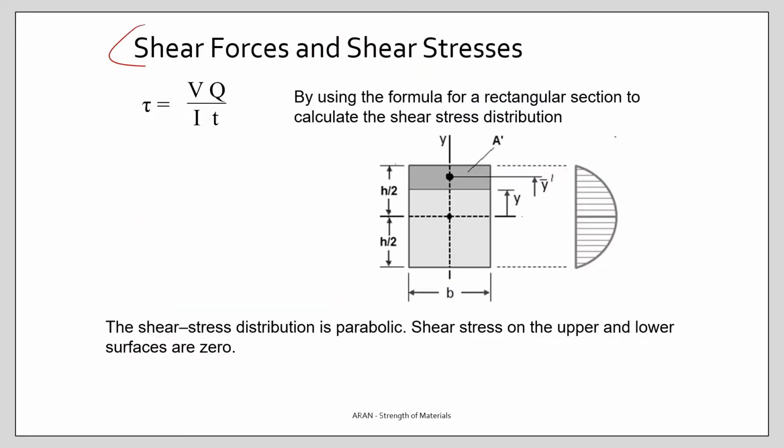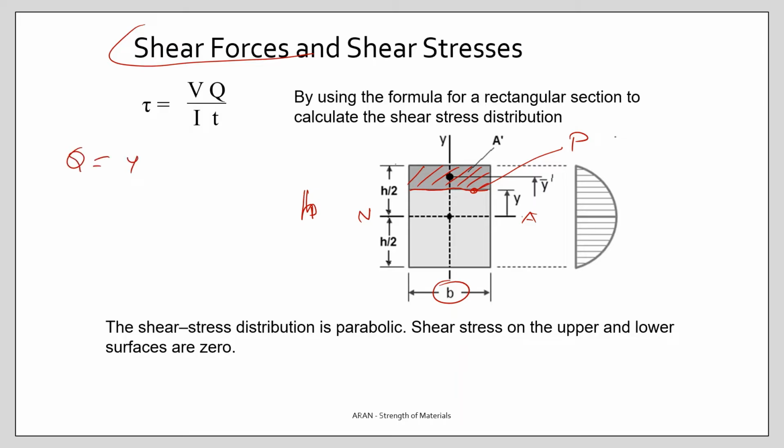Okay, let's do this calculation for a rectangular section. The height is h, the width is b, and I'd like to know the shear stress at point P. I draw a line parallel to the neutral axis and determine this area. Well, I need to determine the Q value.